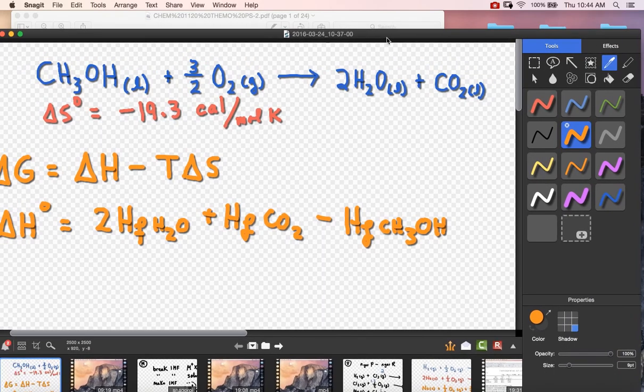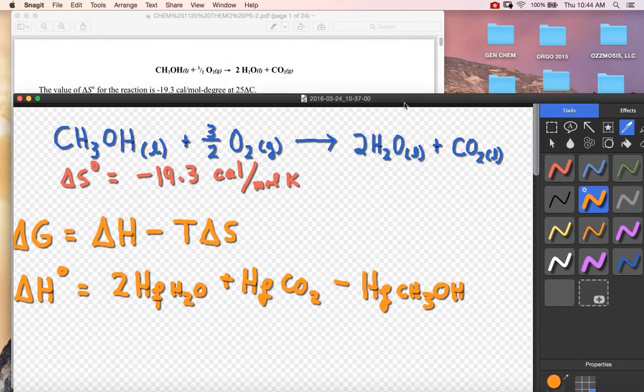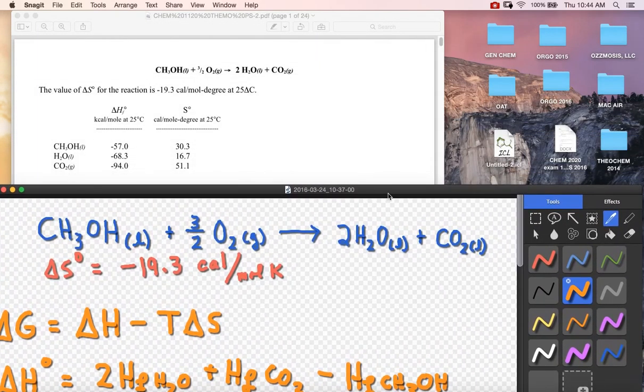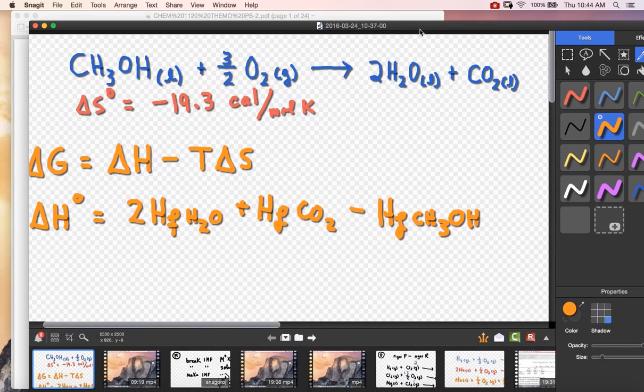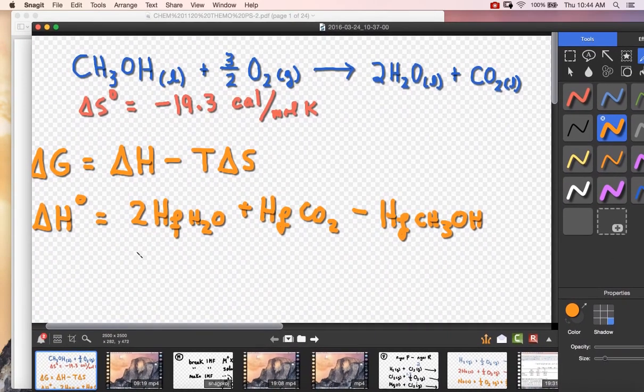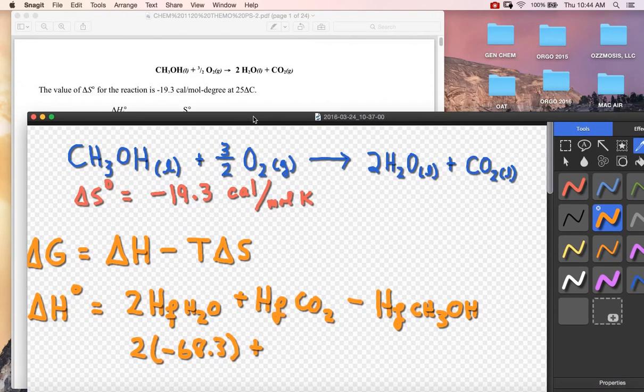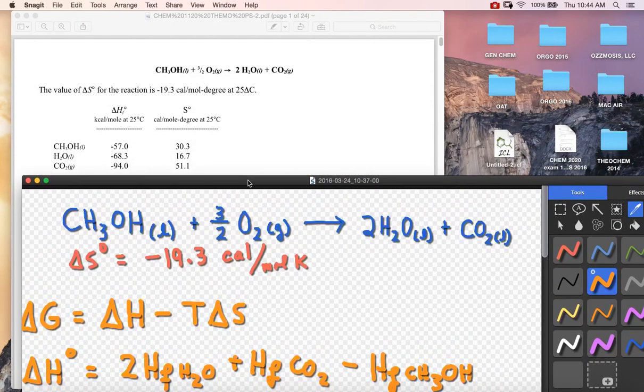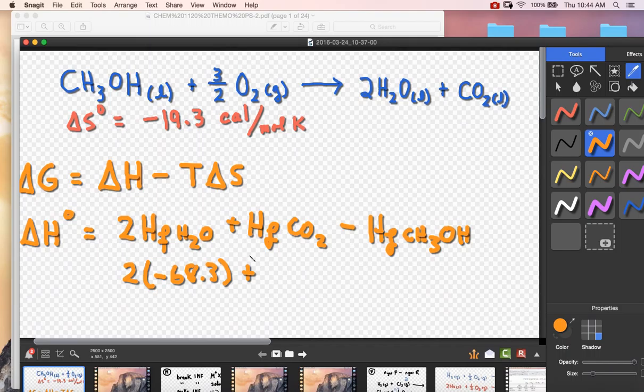So now I can just substitute these mathematical values. So for H2O, it is negative 68.3. So that will be 2 times negative 68.3 plus, for CO2, negative 94.